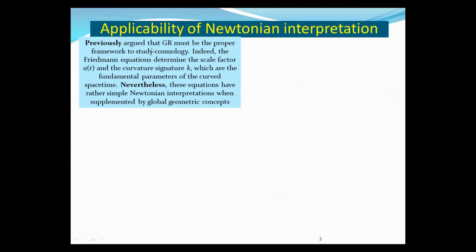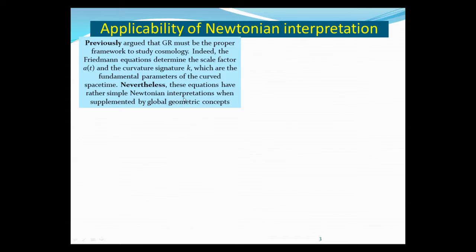Previously we argued that GR must be the proper framework to study cosmology. Indeed, the Friedmann equations determine the scale factor and the curvature, which are fundamental parameters of a curved space-time description. Nevertheless, these equations have rather simple Newtonian interpretations when supplemented by global geometric concepts.